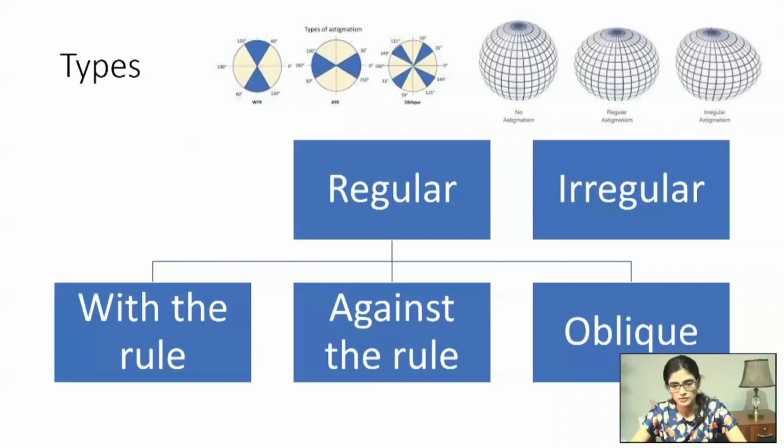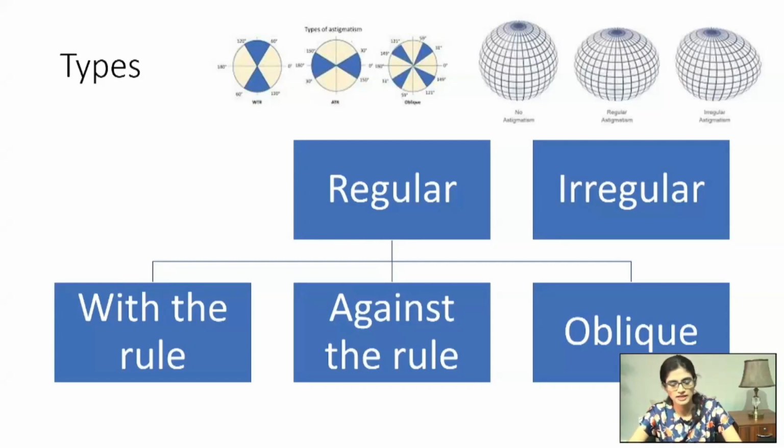The third one: with the rule and against the rule were always about vertical and horizontal axes. But in oblique astigmatism, we are talking about an oblique axis. In the top picture, you can see with the rule astigmatism and against the rule astigmatism, the dark blue showing the steeper curvature, and in the third picture you can see oblique astigmatism.